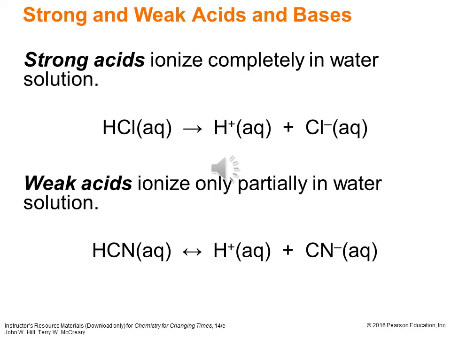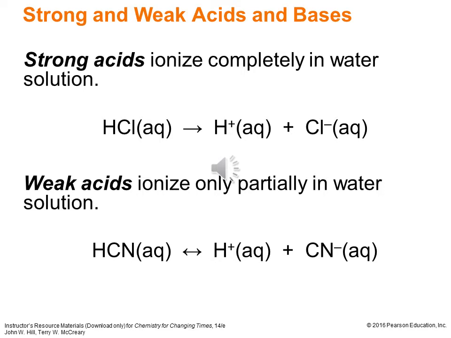Okay, so now that you hopefully have a better idea about what acids are, let's talk about how we can distinguish between strong and weak acids. So the big difference is that strong acids ionize completely in water solution, at least the acids according to the Arrhenius definition. So HCl essentially goes all the way to completion to form H+ and Cl- ions. As we already mentioned, there's not truly H+ ions in solution. It's more like H3O+.